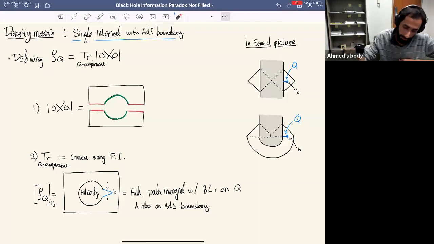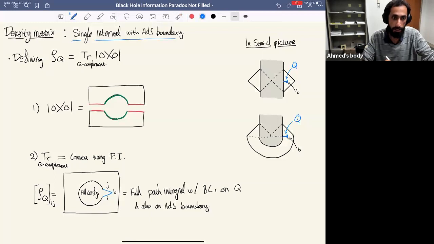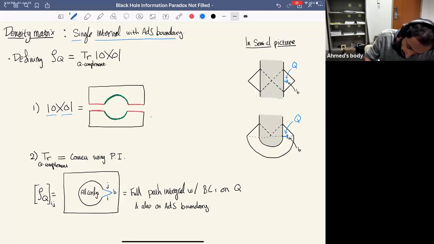Let's go through the steps. So first let's talk about the state 0. Here, this path integral prepares for you the state 0. It goes from minus infinity up to t equals 0.